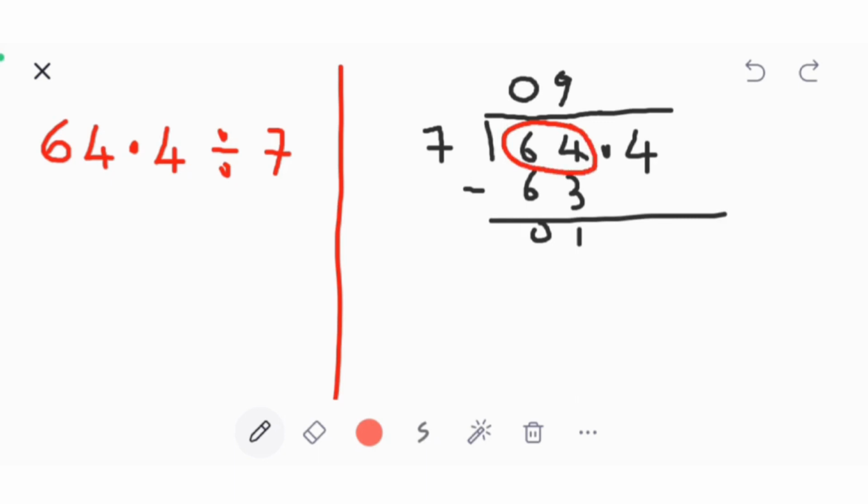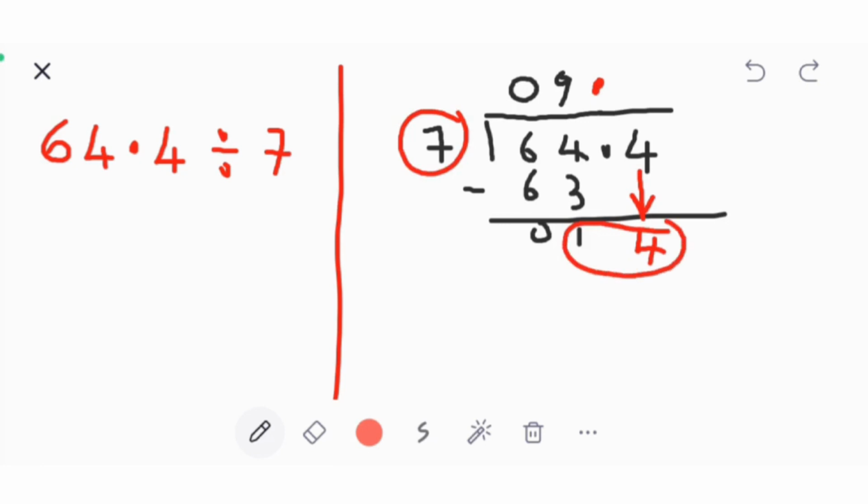The next thing is the decimal point. Take the decimal point up. Then you bring the next digit down. Okay? Now, anytime you bring down a digit, you must divide. So let's divide. How many times can 7 go into 14? 7 will go into 14 2 times. So you write 2 at the top.